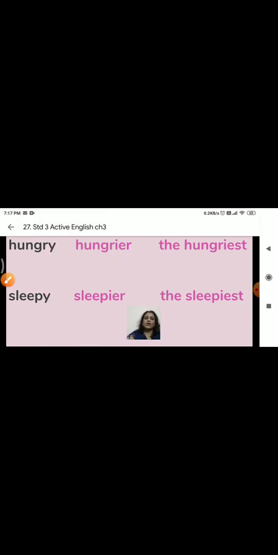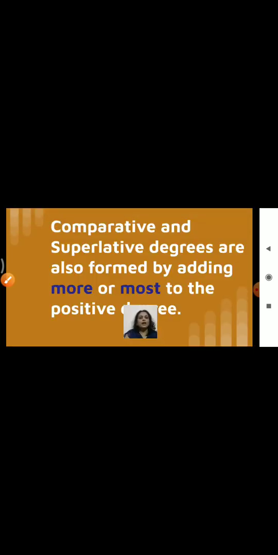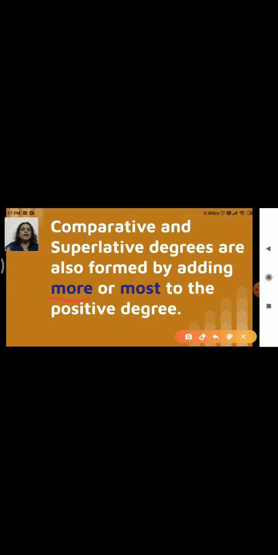Shall we go ahead? Now, comparative and superlative degrees are also formed by adding more or most to the positive degree. So we do not add the way we did with our previous words. What we did there, we just added er, somewhere we added ier. Now there are some words where we do not add these, but we add these two words, more and most.